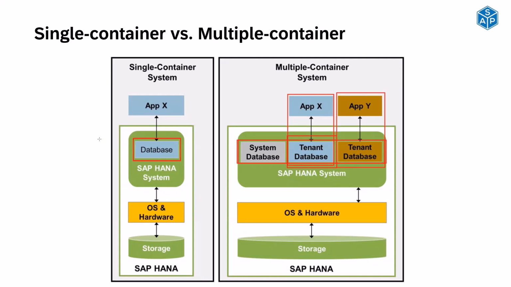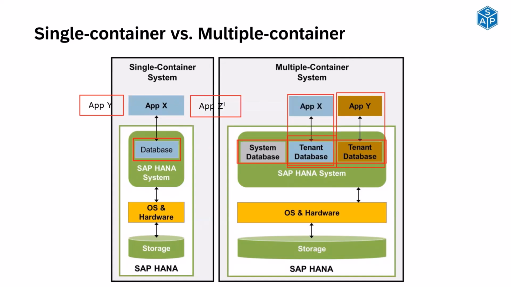Now what happens here? In this case over here, for example, you have an application over here and you have an application over here. This is your application Y. And here you have an application Z. For example, you have an application Z in the single database container.